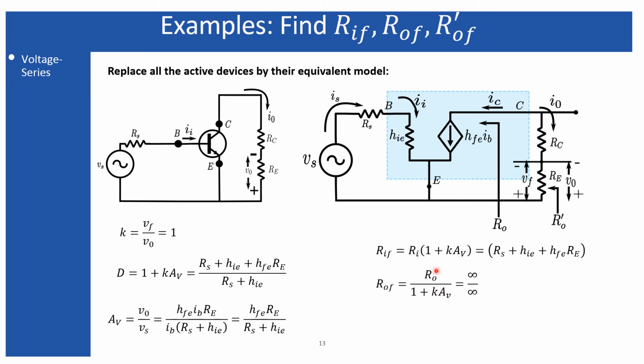But what is this capital Ro? Capital Ro is the actual output impedance when you are looking from this terminal. So this is basically the output impedance of the bipolar junction transistor when you are looking from this terminal. And what is that one? That one is nothing but 1 by hoe, that I have neglected by considering that output impedance is very large or infinite. So that is why Ro is infinite itself.